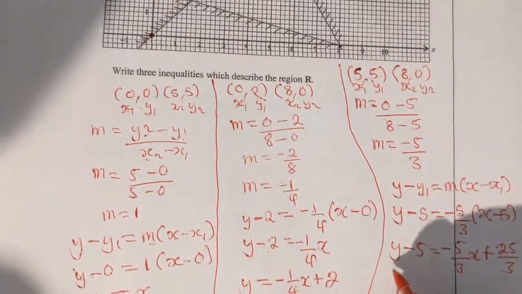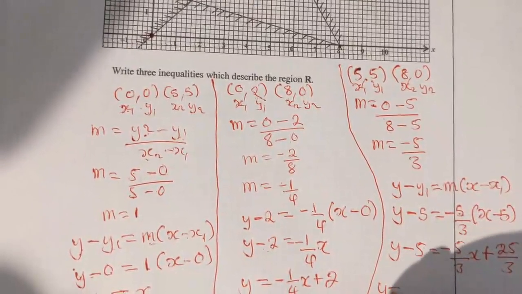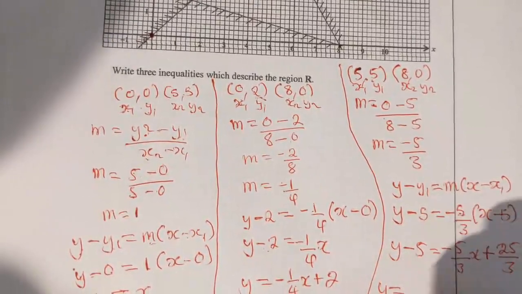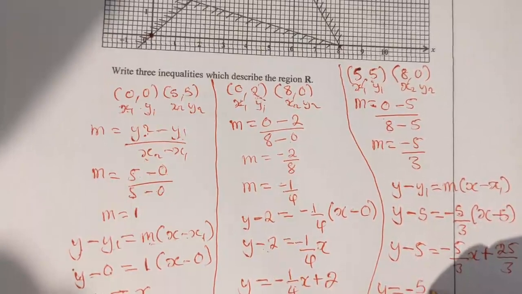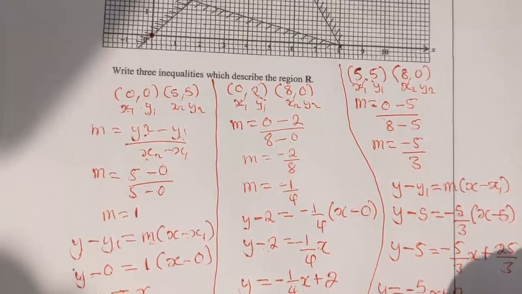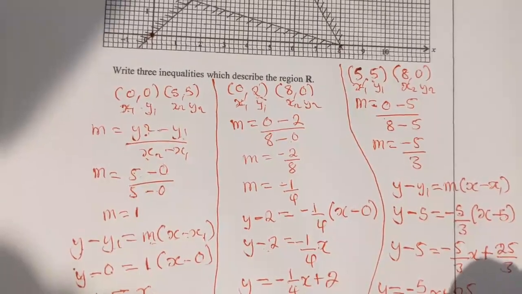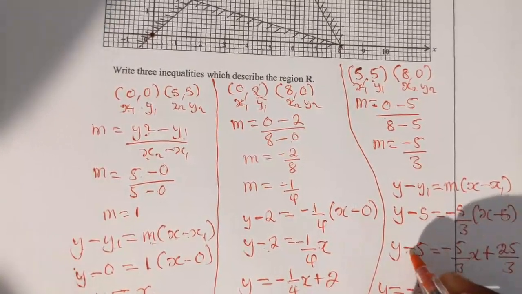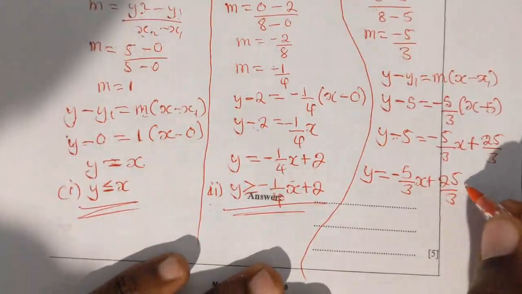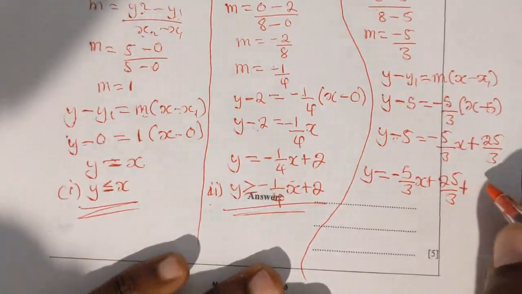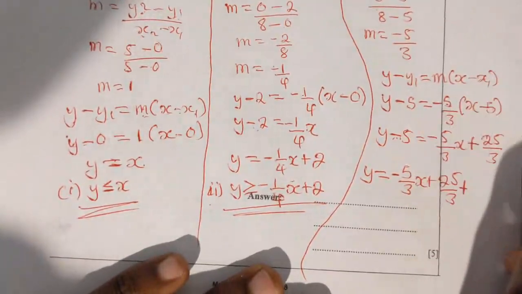Okay, so now here you're going to say y is equal to, remove this 5 to the other side to make y the subject, so that is 5 over 3x plus 25 over 3. This is negative, it becomes positive when this moves to the other side.